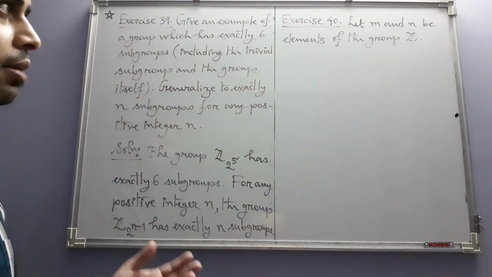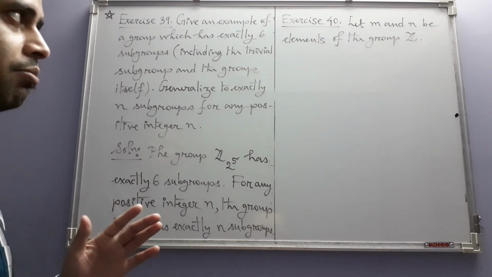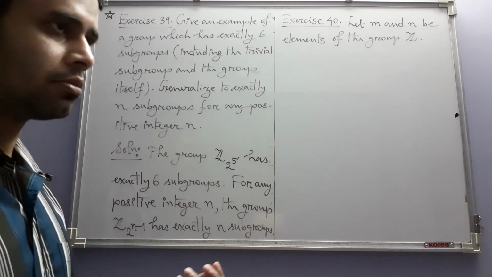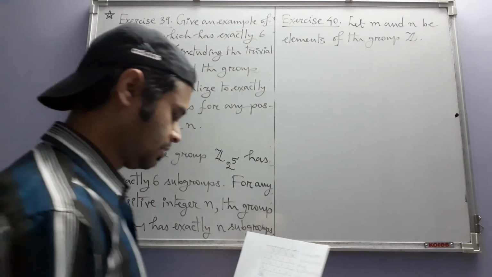So that means m and n are integers. Keep in mind, m and n may be negative also, or one of them may be negative. Anything can happen. We are just given that they are integers.